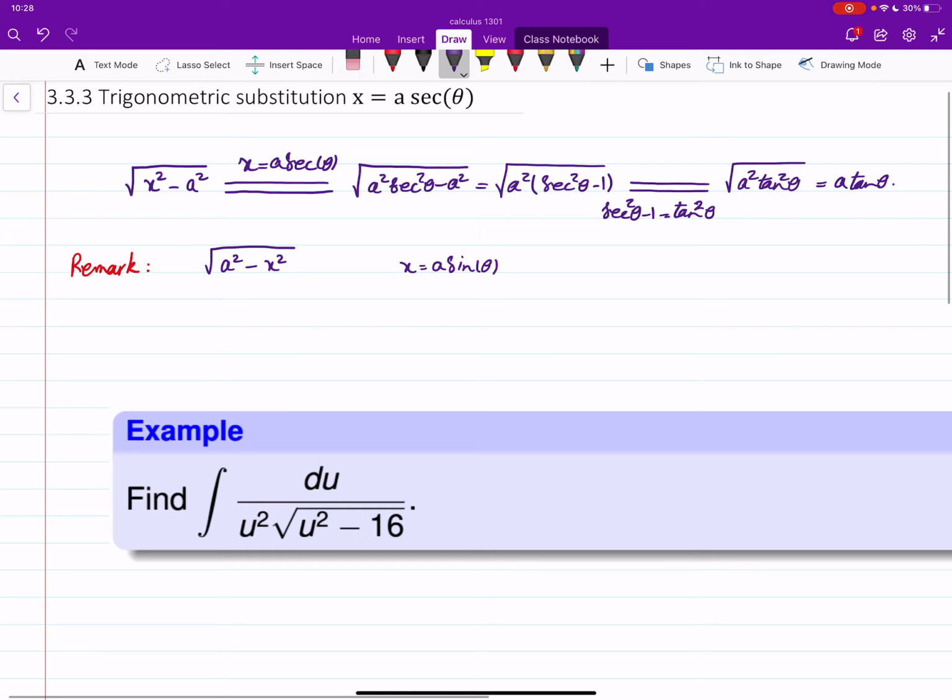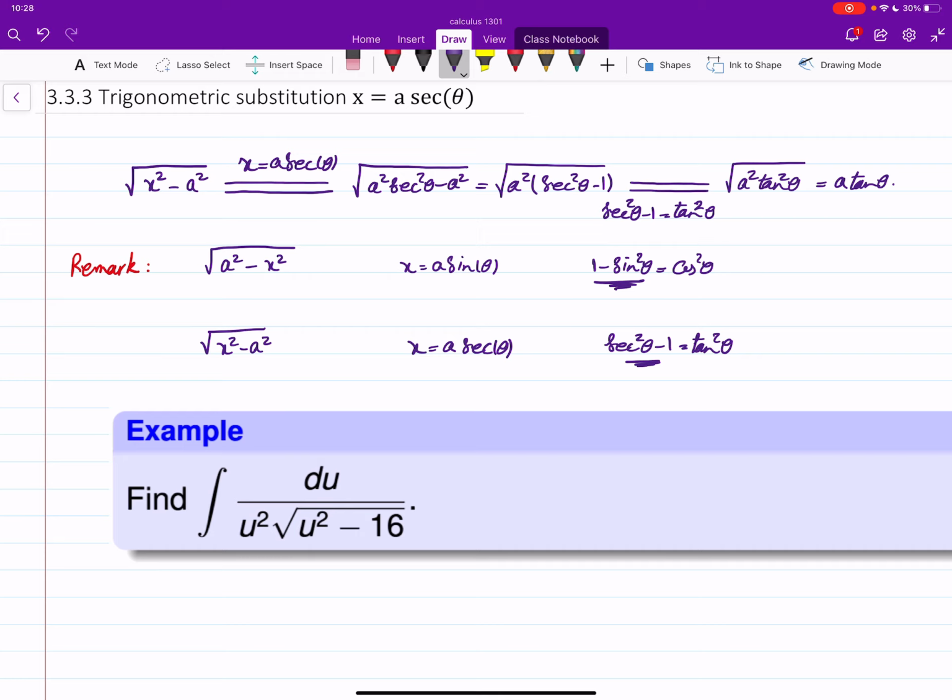The reason this worked was that 1 minus sine squared theta was cosine squared theta. And now that we have root of x squared minus a squared, x equal to a secant theta will work, because secant squared theta minus 1 is tan squared theta. See, exactly this point shows how that substitution works.